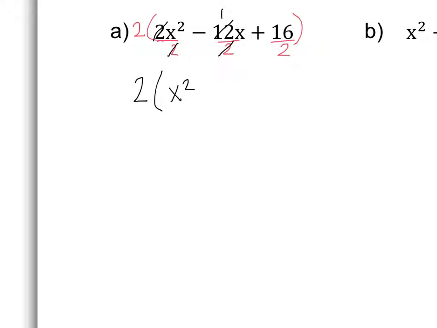Negative 12 and 2 reduce to be negative 6, so minus 6x. These reduce and get 8. All right. That's step 1. Now step 2 is to set up our big X.